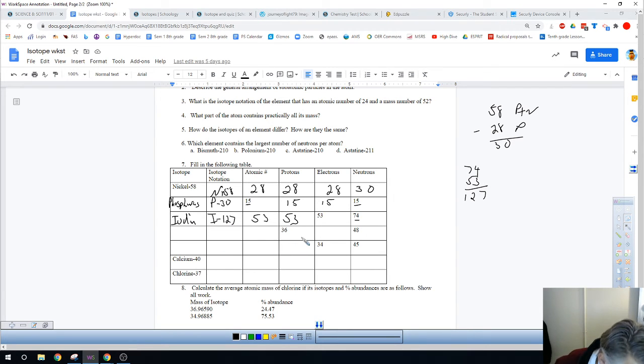Next we have 36 protons. That gives us krypton. And that's going to be Kr. And it has an atomic number of 36, so it has 36 protons and 36 electrons. And if it has 48 neutrons, 48 plus 36 should give us 84.